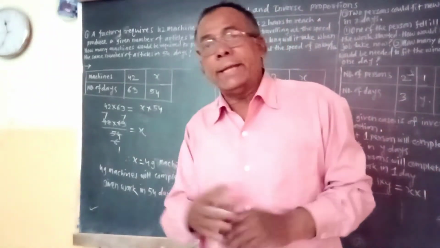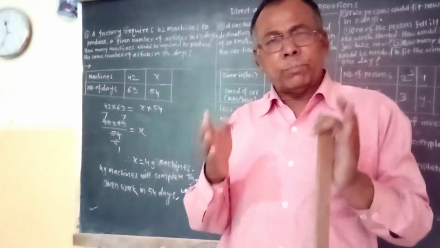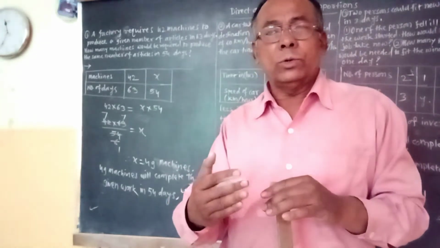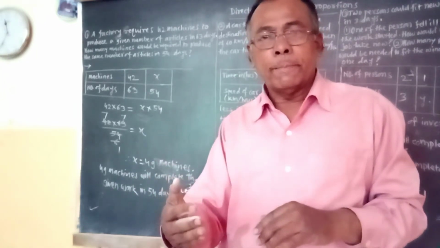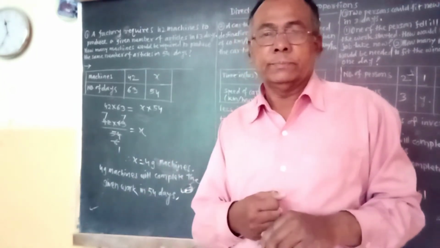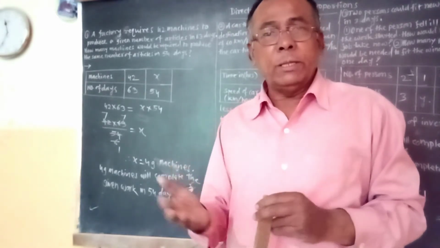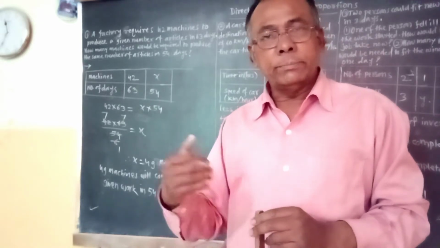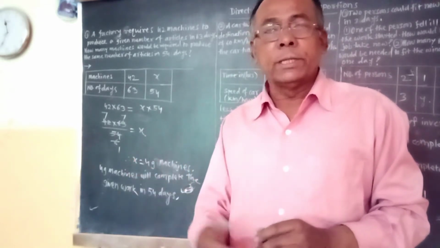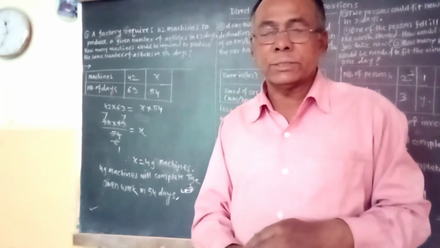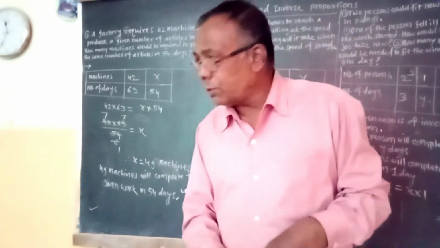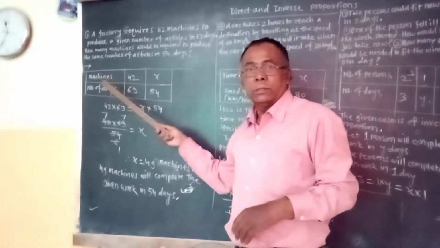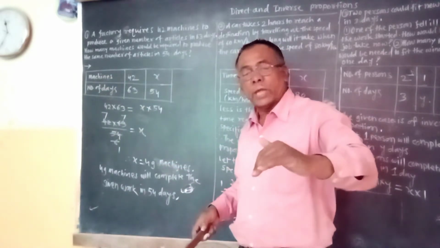Here we know that if the number of machines is less, then the time required to complete the work will be more. And if the number of machines is more, then the time required to complete the given job will be less. So here we will write the given information in tabular form.